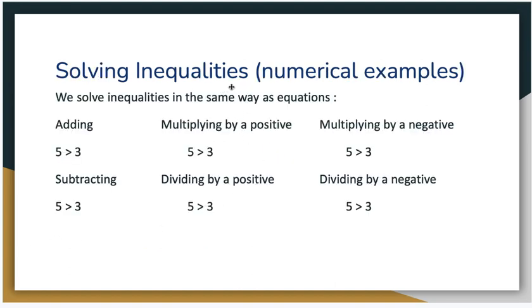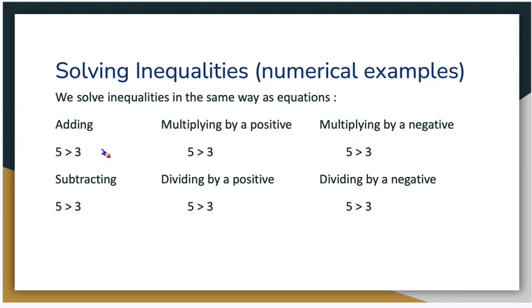Now let us take a look at how we solve inequalities. We first look at numerical examples. Suppose we have the numbers 5 greater than 3. Now if we add a number, let's say 1.